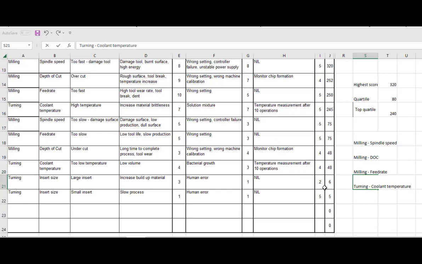Okay, so now we have finalized the inputs that will be utilized in the analysis phase, or analyze phase.